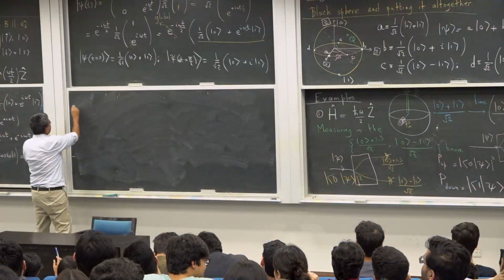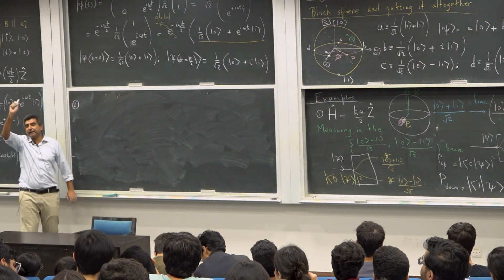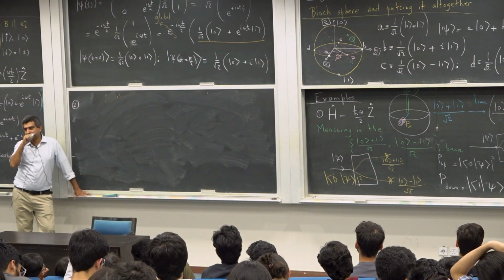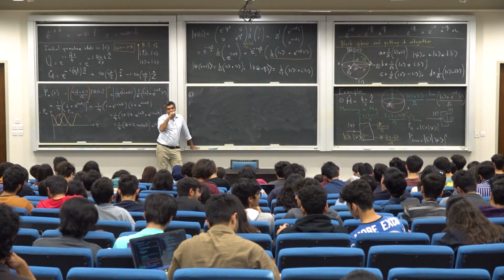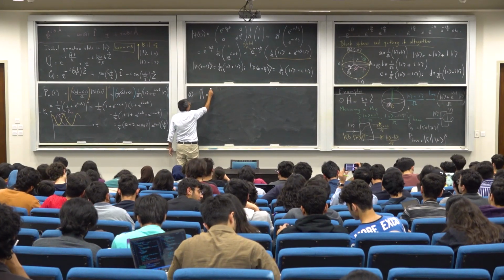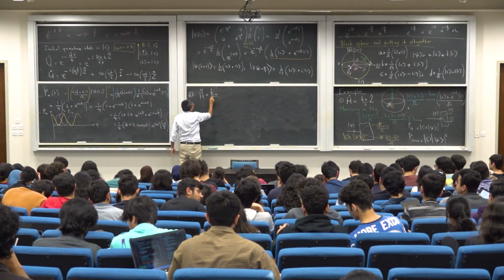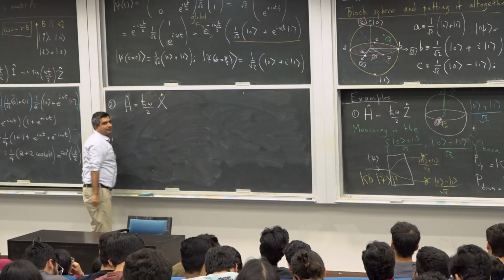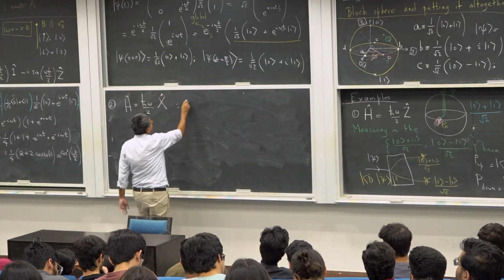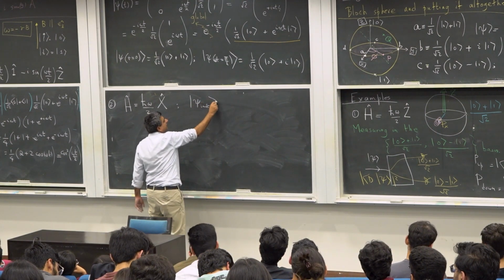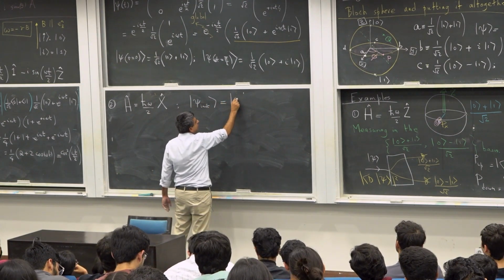Now suppose my magnetic field is along the x direction. So my Hamiltonian is h bar omega over 2 times sigma x. My initial quantum state at time t equals 0 is ket z.